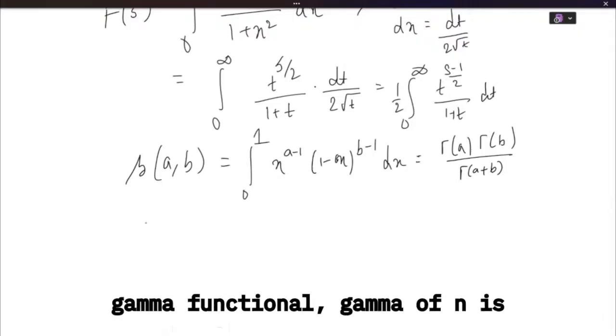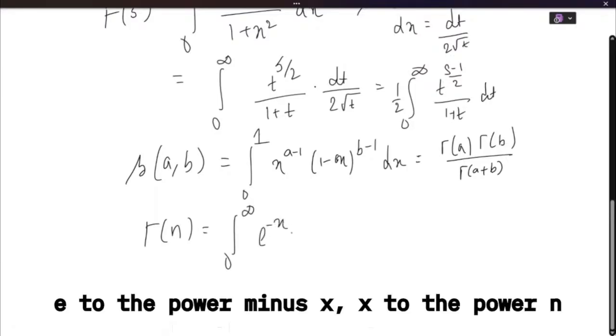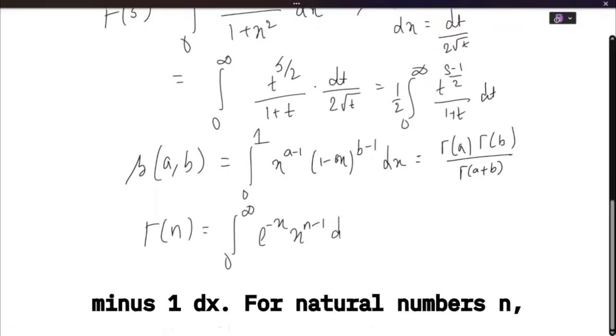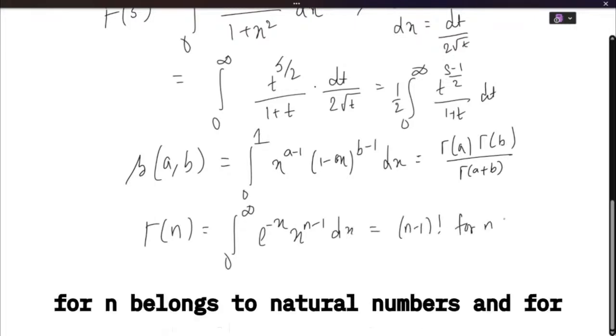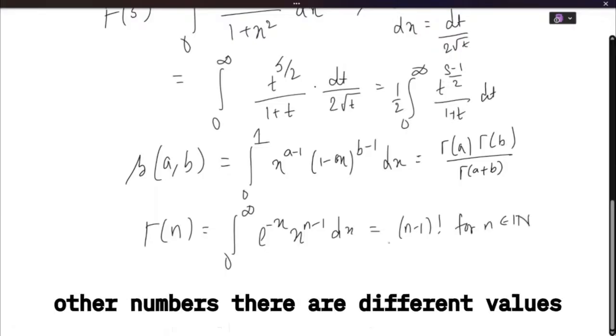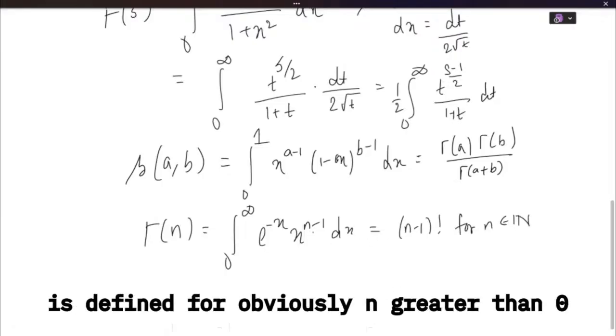It's also defined here. Gamma of n is simply the integral from 0 to infinity of e to the power minus x times x to the power n minus 1 dx. For natural numbers n, this becomes (n minus 1) factorial. For other numbers there are different values because it's simply an integral, and this is defined for n greater than 0.